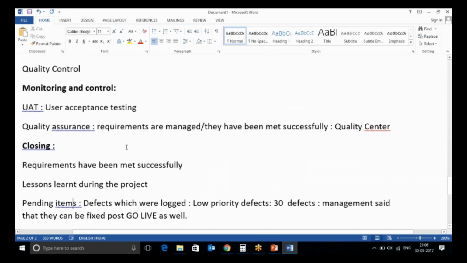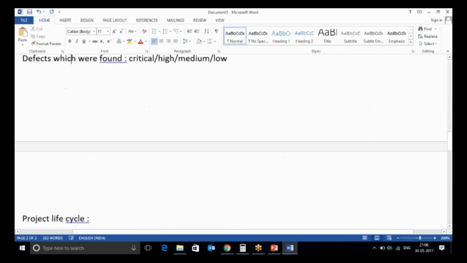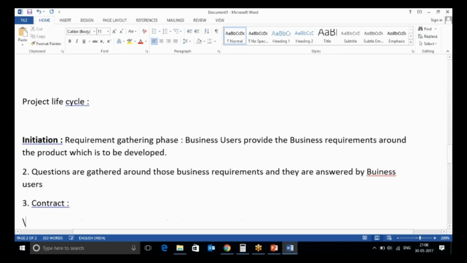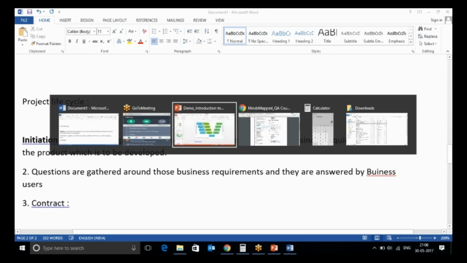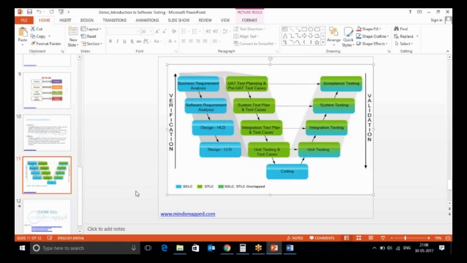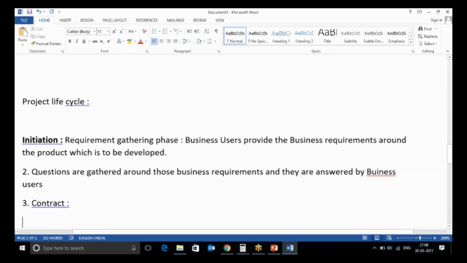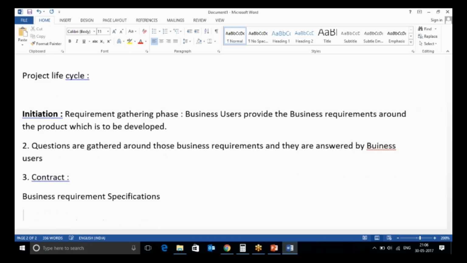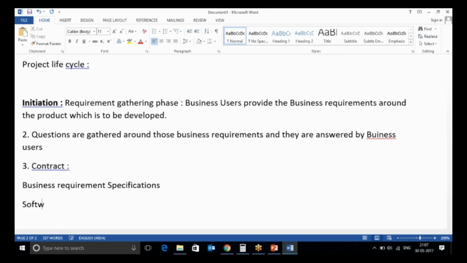What you get in the initiation phase is the business requirement specifications and the software requirement specifications.